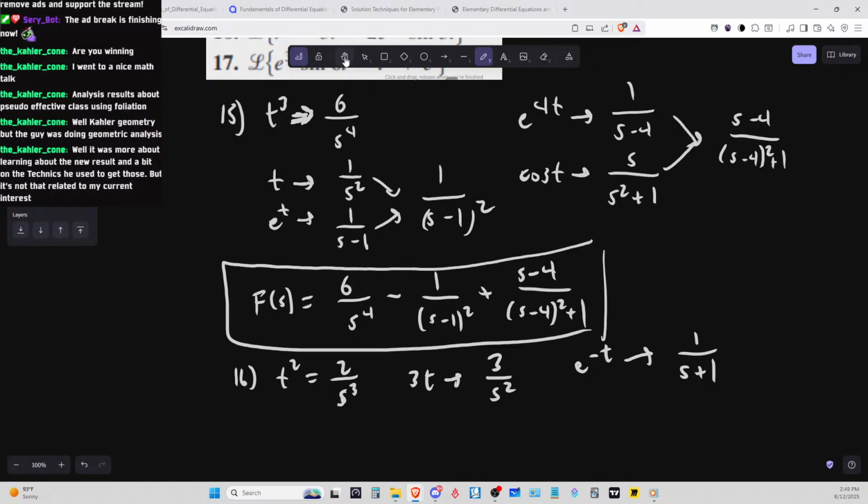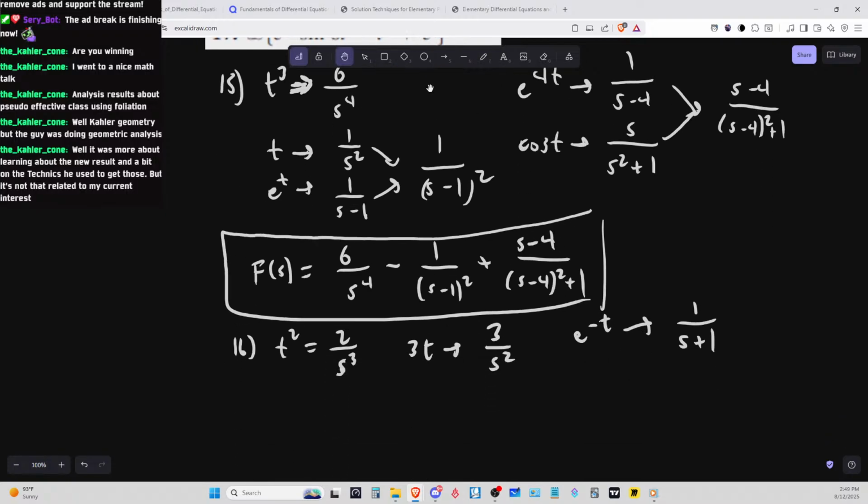And then sine of 3t is going to be 3 over s squared plus 9. So in this case, them put together, and I think we'll just put 2 for both sides.